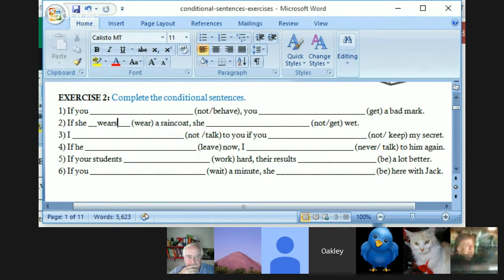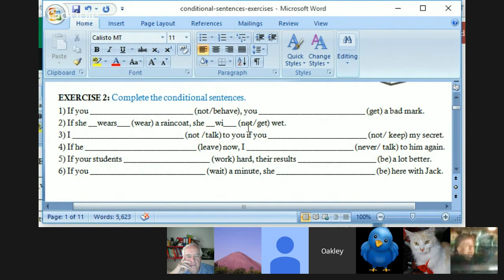She wears. I wear, they wear. She or he wears a raincoat. Okay, and we have to use not here. And remember, in our result clause, we're going to use will. All right? So she will not get wet.